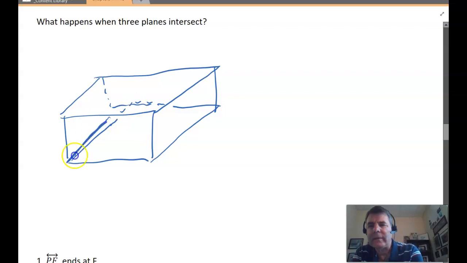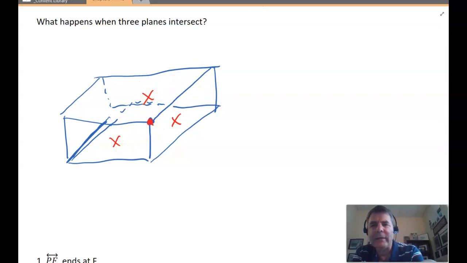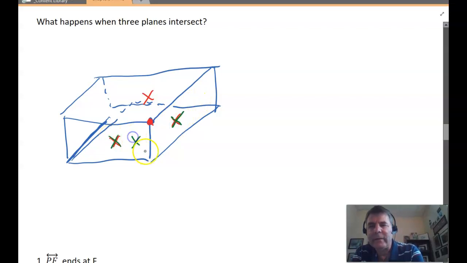Anyway, you get the idea. There we go. The intersection of 3 planes is a point. So if I have this plane, and the ceiling, I get that point right there. If I have this plane, and the floor, I get that point right there. So when 3 planes intersect, you get a single point.